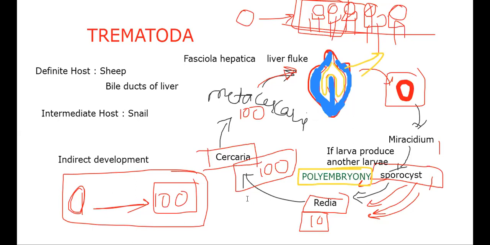The things to be remembered here are the several larval stages: miracidium, sporocyst, redia, cercaria, metacercaria. Particularly two larvae, sporocyst and redia, produce more larval forms. Larva producing larva, the feature we call polyembryony.